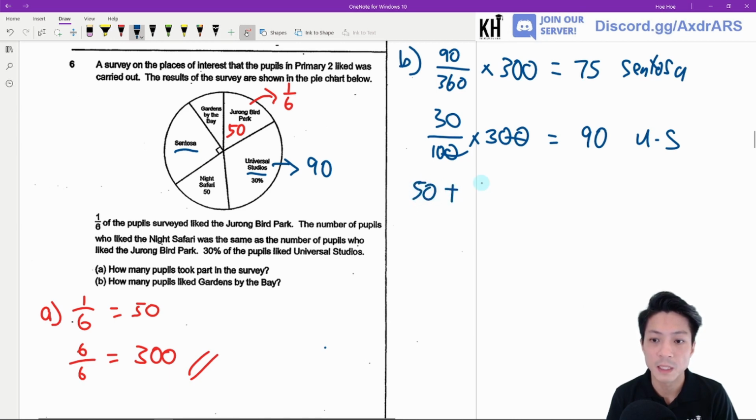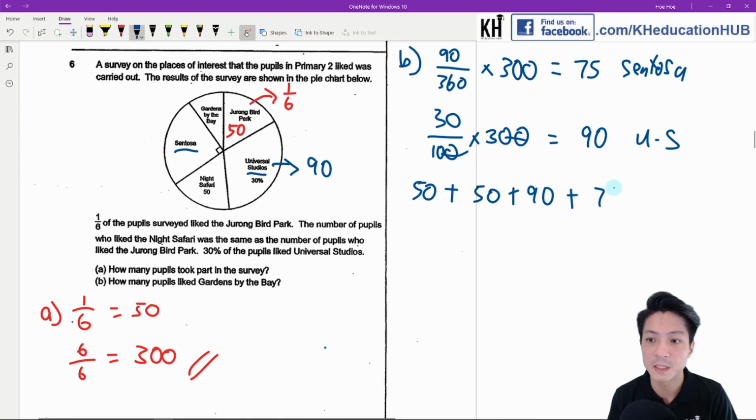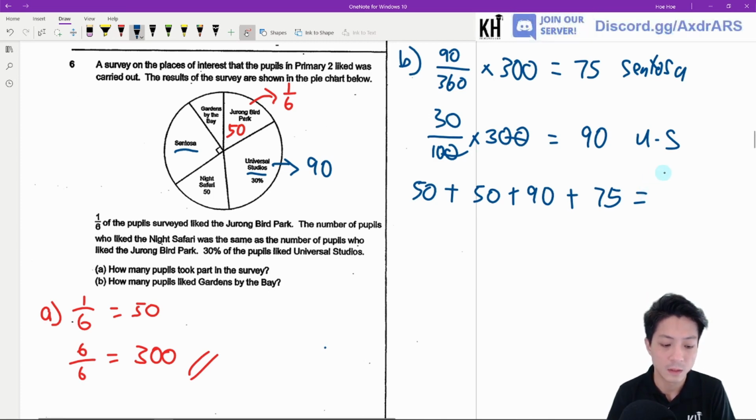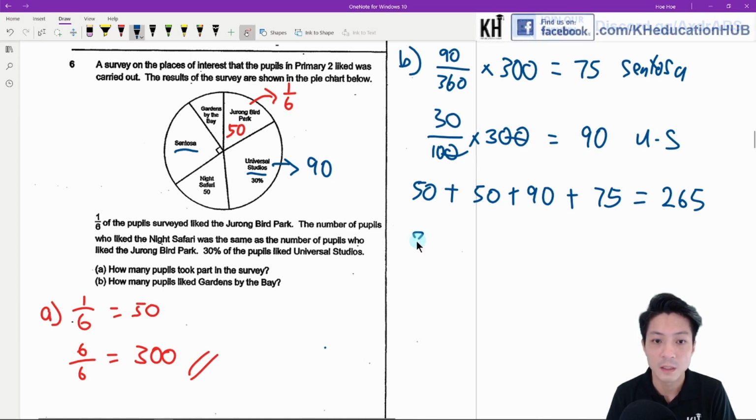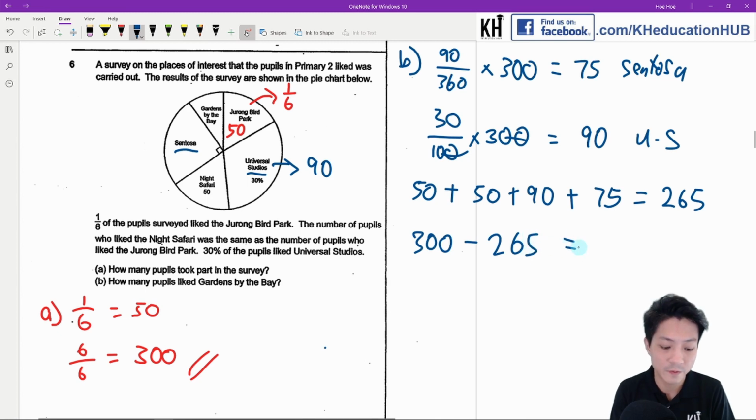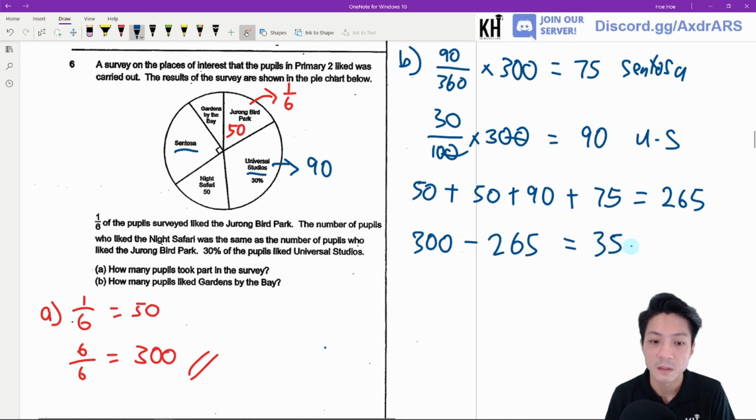So 50 plus 50 plus 90 plus 75 is gonna give me 265. And the total number of pupils minus away 265 is gonna give me 35. Okay, so the number of pupils that like Gardens by the Bay is 35.